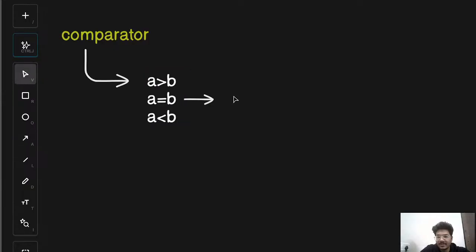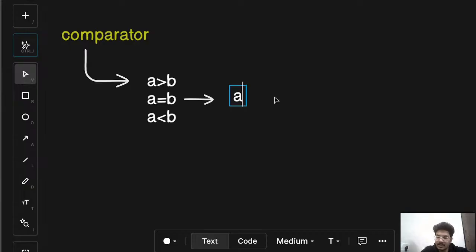Just imagine for one bit, the outputs are: A greater than B is A and B negation.